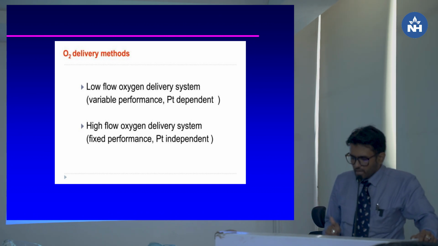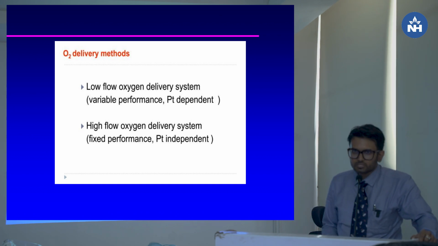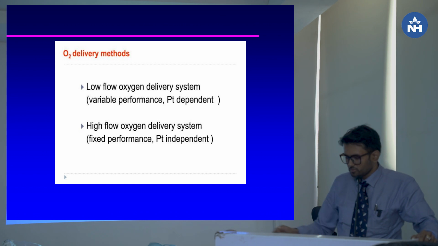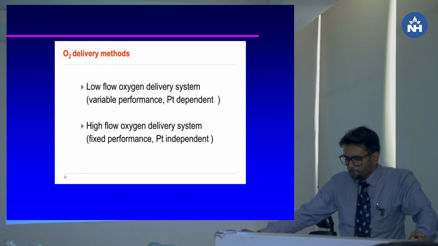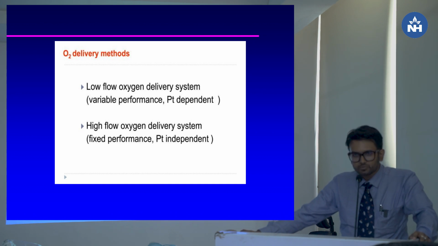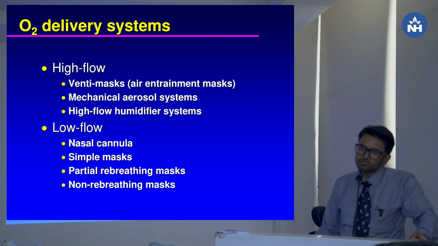Those who require a high amount of oxygen, more than 8 to 10 liters, and still are not able to maintain the target oxygen saturation, we have to go for the high flow devices, because these are patient independent. Second, during transport, it depends on the patient.